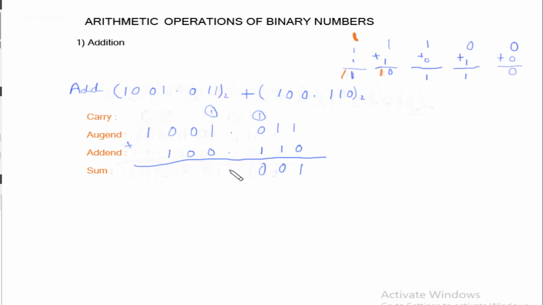Then 1 plus 1 will get us 0 and 1 will be carried. Now here 1, and this one also 1. So the answer is 1110 to base 2.